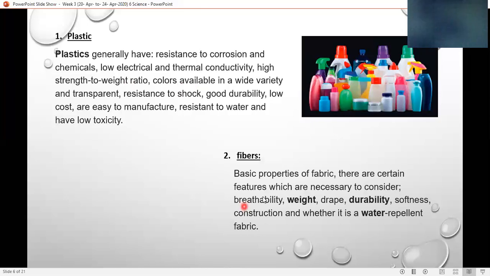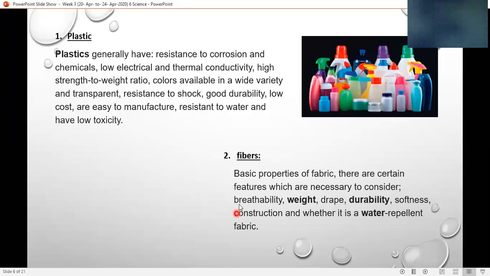The second class is fiber. Fibers are obviously going to be very different from plastic. That's why they are put in a separate class. Basically fibers are very thin threads, and they have very low weight, they're very soft, and they are water repellent.